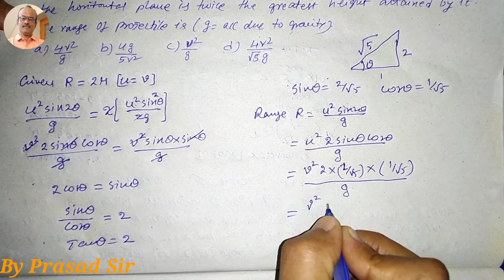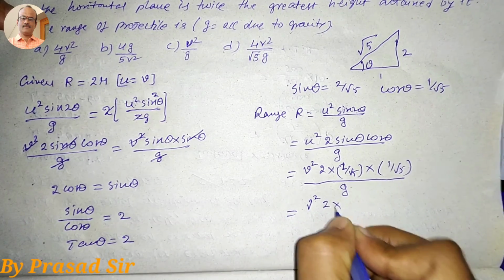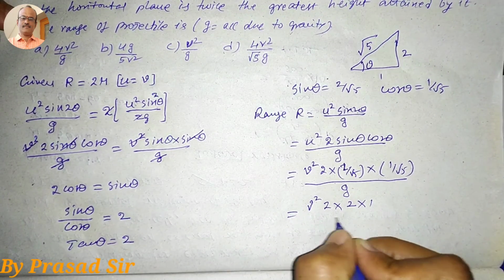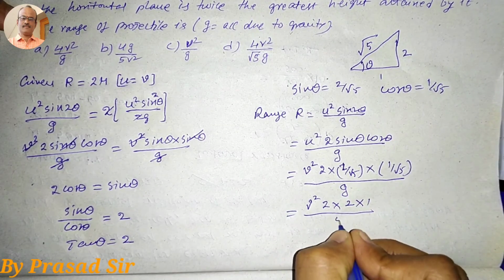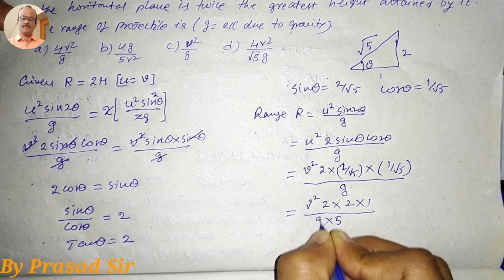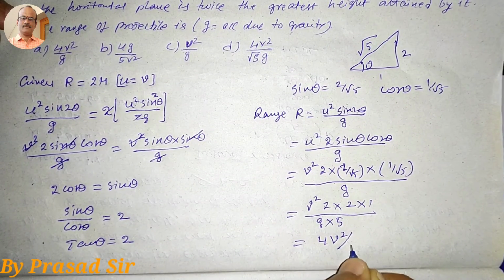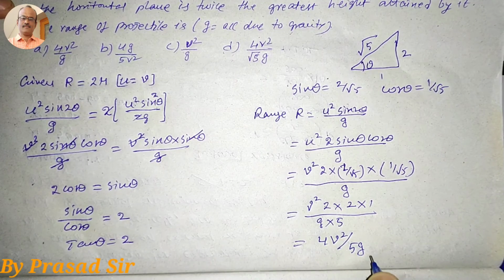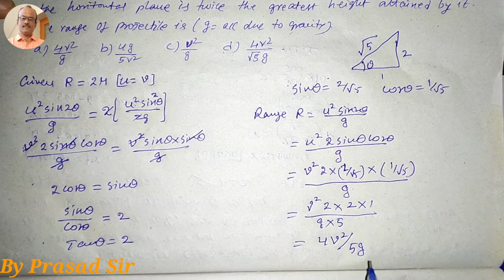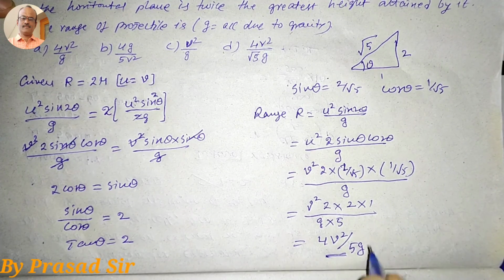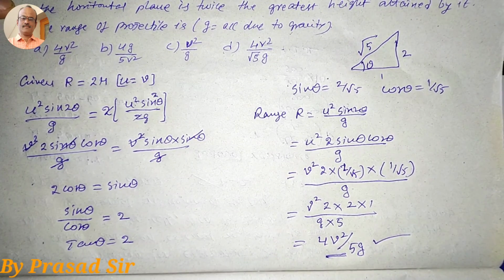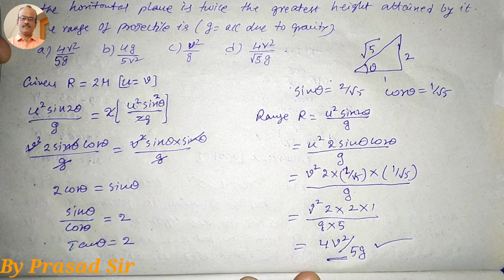So here 4 v square divided by 5g. So which option is correct here? 4v square divided by 5g is the answer. This is the solution for this. Now the option is A.